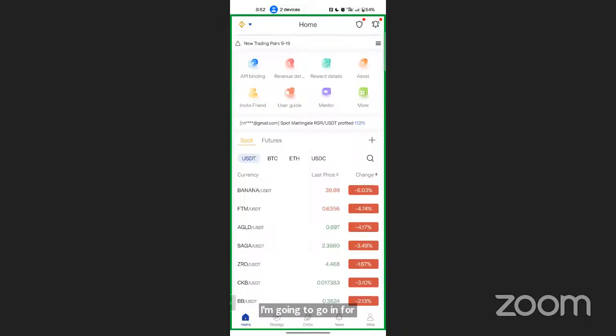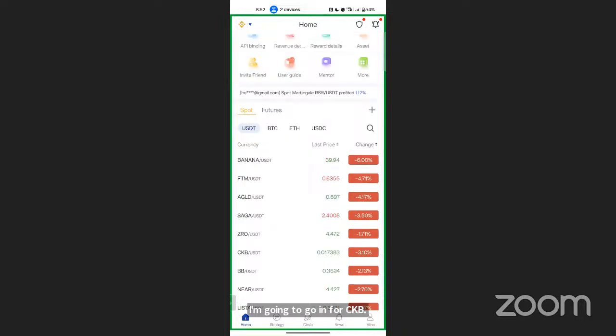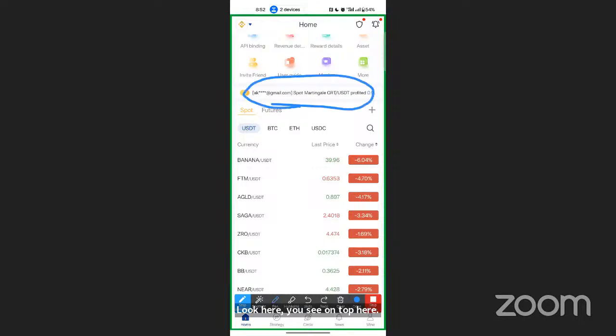Also, before I pick a coin, focus here, friends. Look here, another trick. Before I pick a coin, there are two things I can look at. One, look here. Do you see on top here? You can always see a coin where people are making more money.